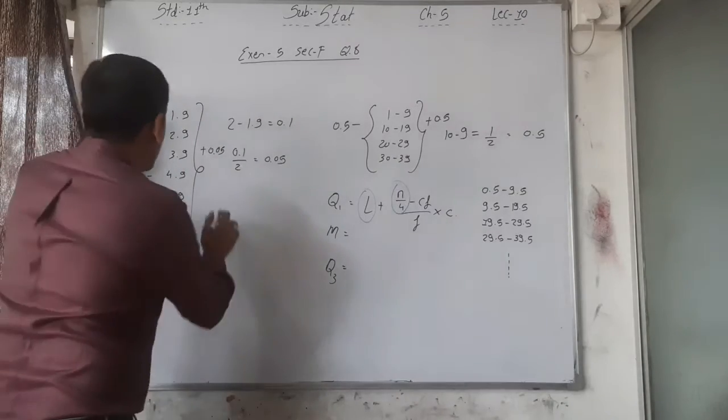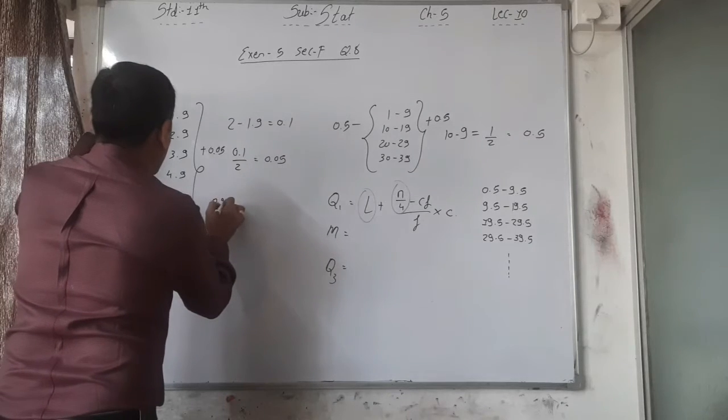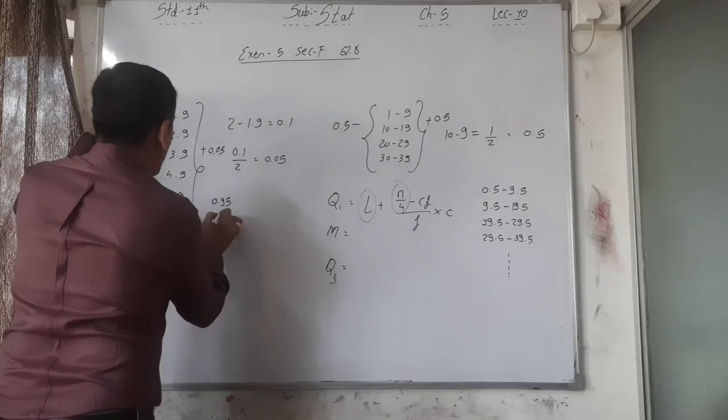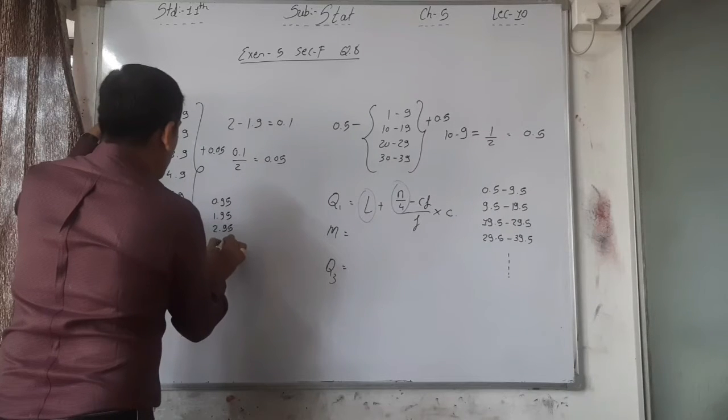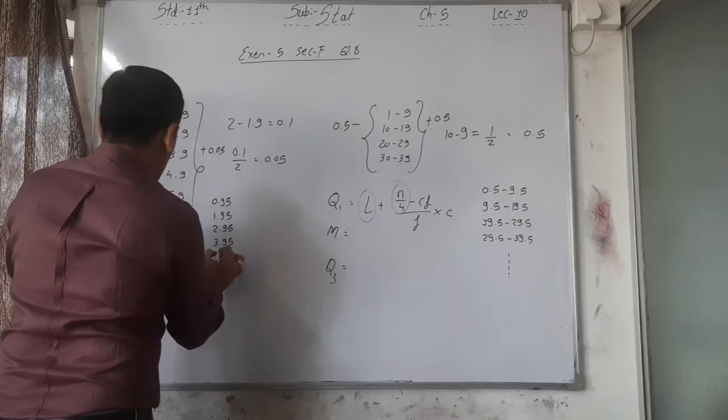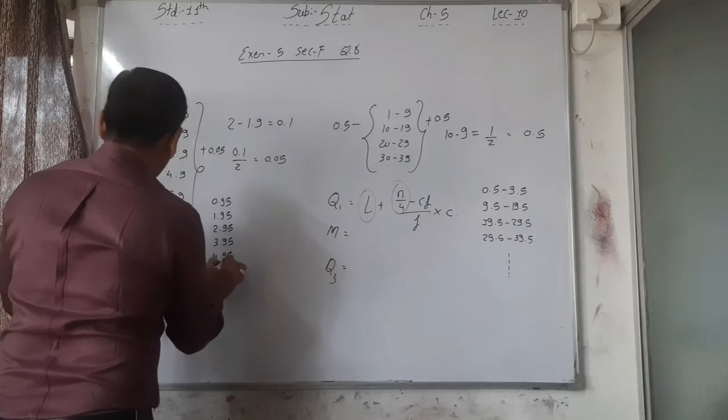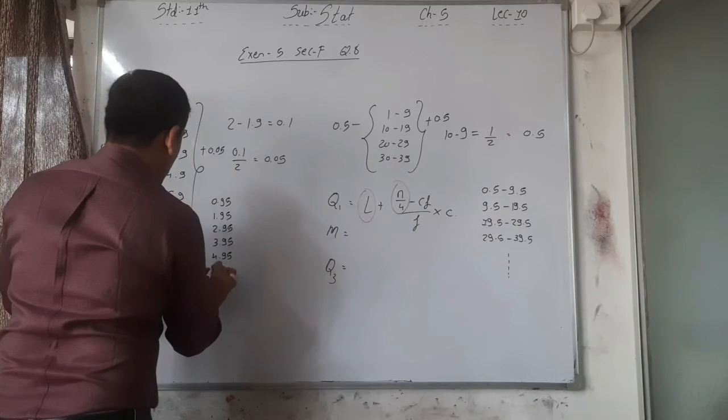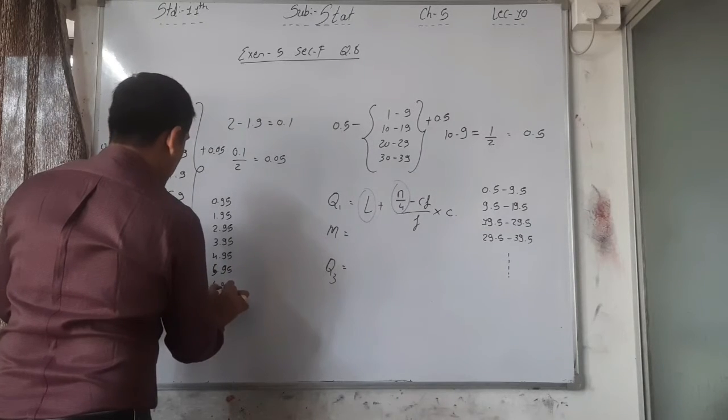So what is the value here? 0.95, 1.95, 2.95, 3.95, 4.95, 5.95, and here 6.95.